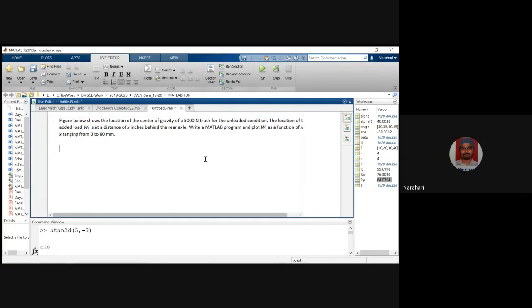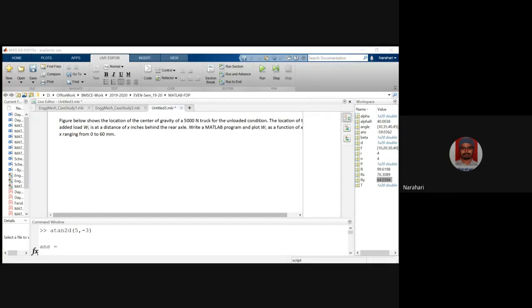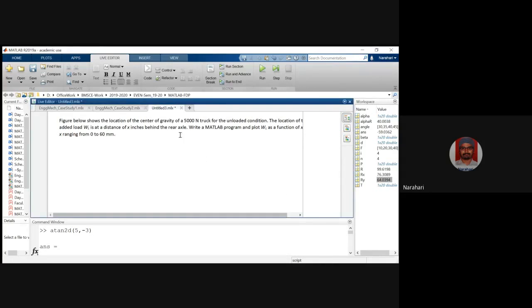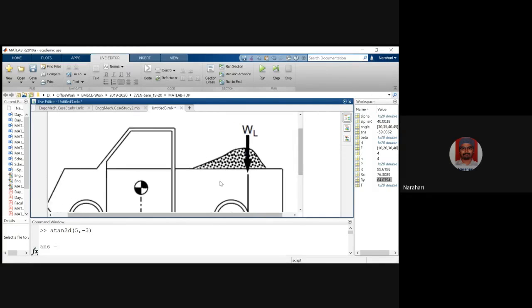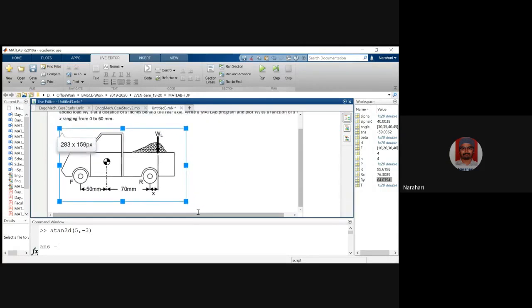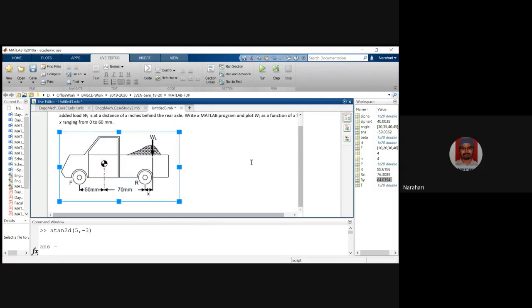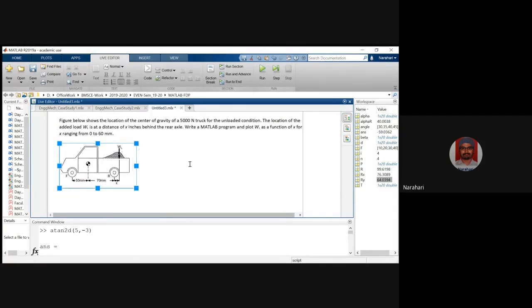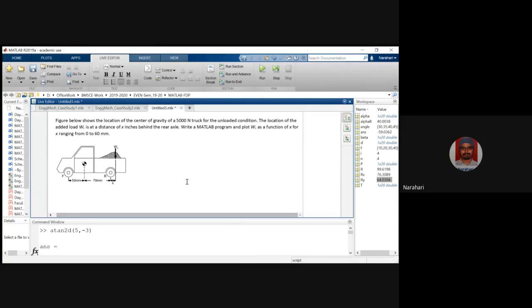Okay, so this is the problem statement. You are required to write a MATLAB program to plot the WL as a function of x for x ranging from 0 to 60.